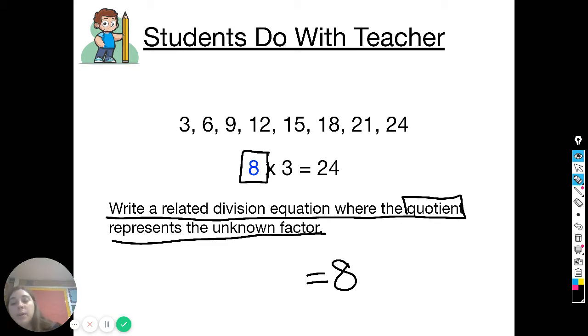Now on your whiteboard, you are going to fill in the blanks for the other 2 missing numbers. Once you have that answer, go ahead and hold it up. Blank divided by blank equals 8.